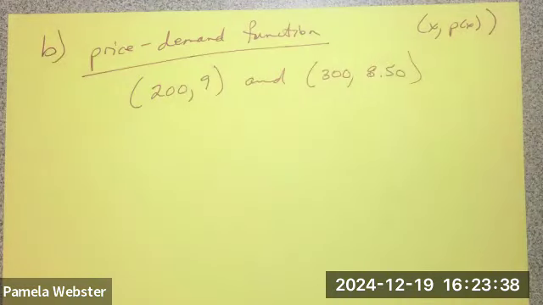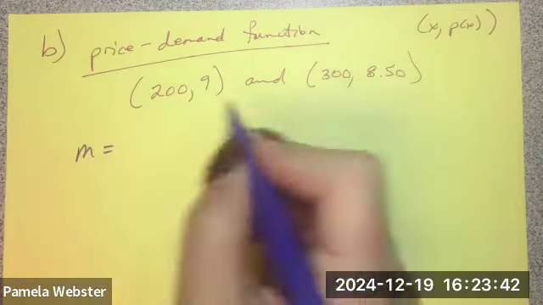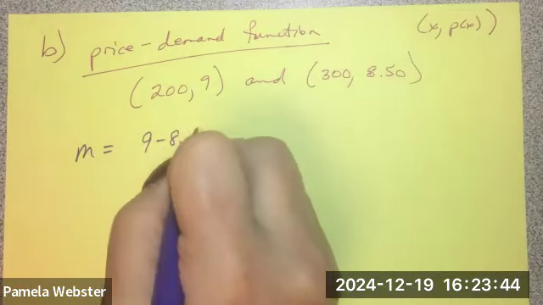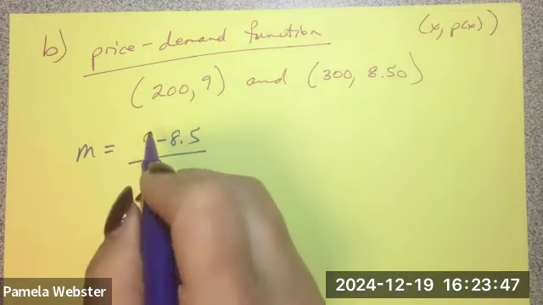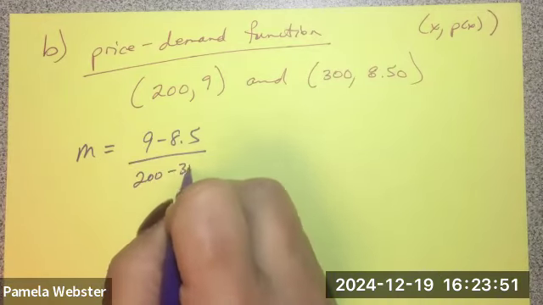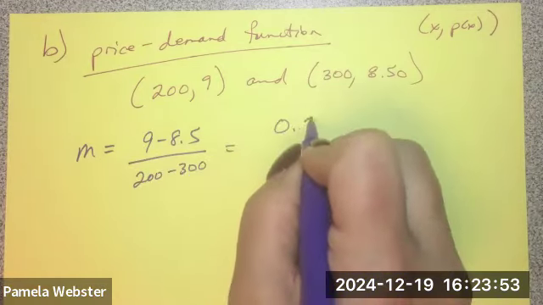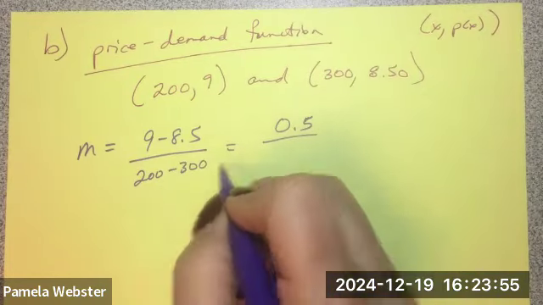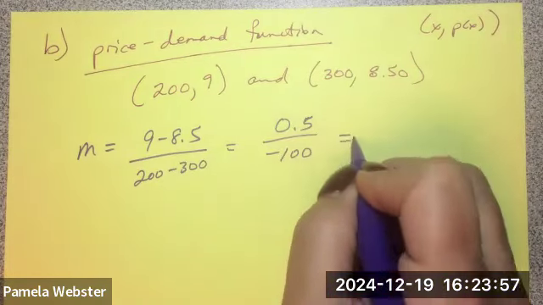All right, so looking at that, the process is basically the same. M equals, I'm going to go 9 minus 8.5, and then on the bottom, I've got 200 minus 300. 0.5, and hey, hang on a minute, that's a negative 100, right?